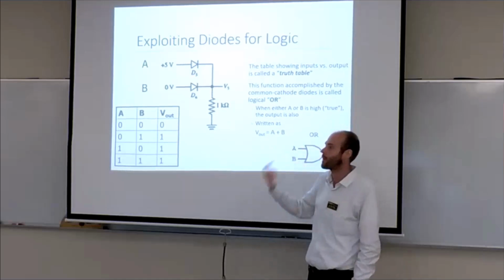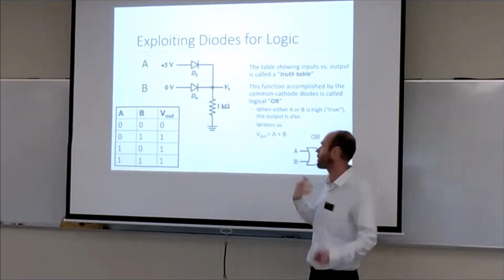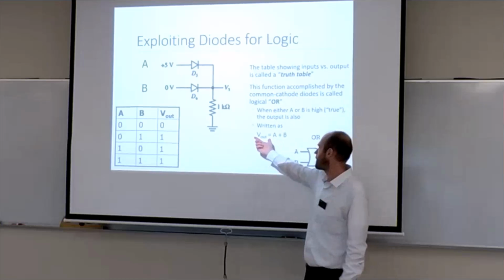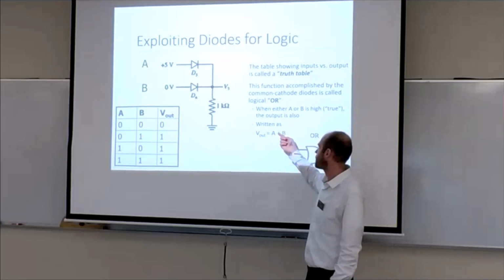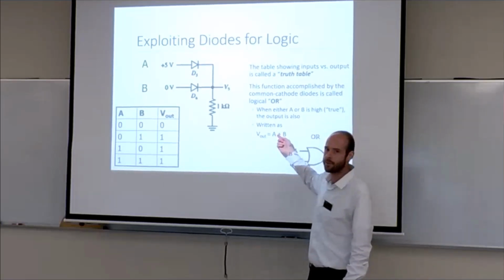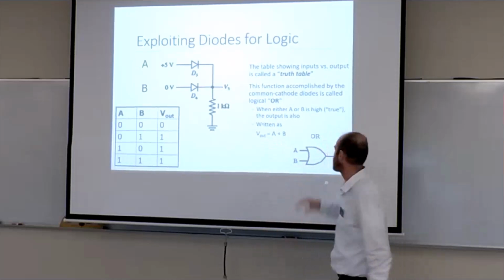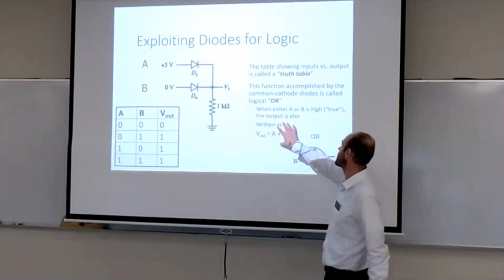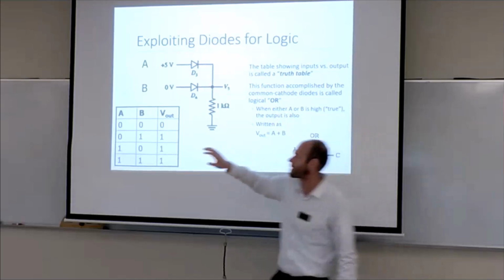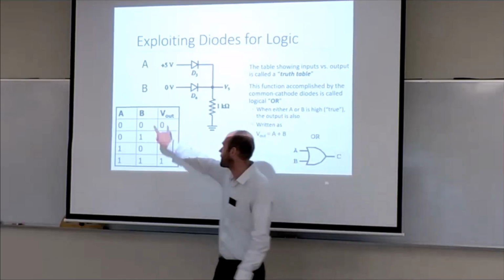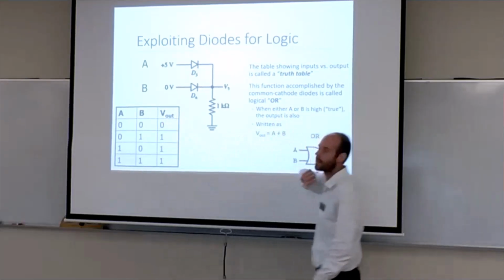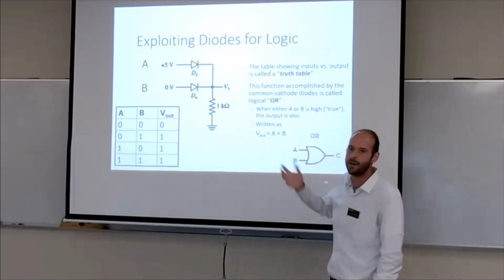Boolean means working with ones and zeros, so and or. And so VOUT equals A plus B. We'll talk in more detail later, but the plus for us is going to mean OR. So we care about the symbol, we care about the Boolean logic, and then we care about the truth table as well. So we have A and B, we have our VOUT. If A or B are high, we have that VOUT.